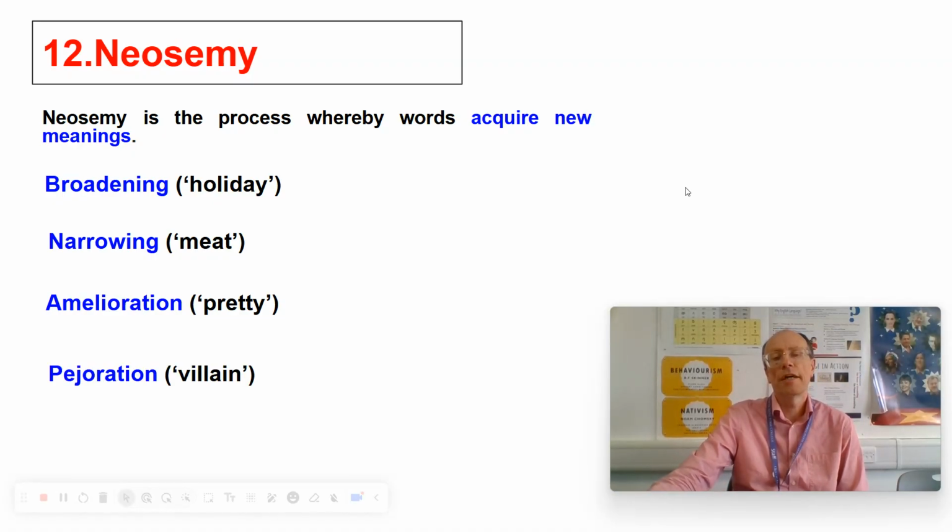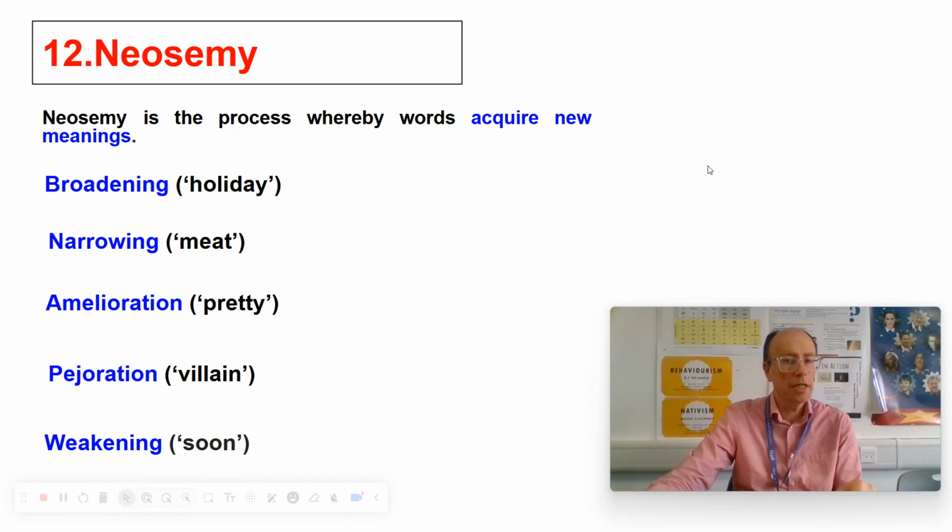And the opposite of that is pejoration, a word like villain, which just meant somebody working in the fields. In medieval times, perhaps because of the prejudices of the Norman overlords, that pejorates over time and takes on more negative meanings. We have weakening, where a word like soon, once upon a time meant immediately, and now just means a little bit later.